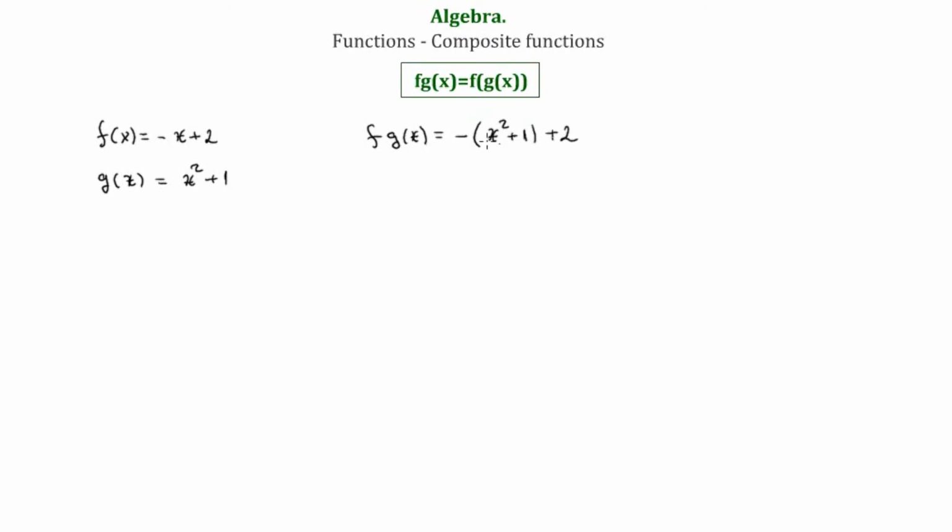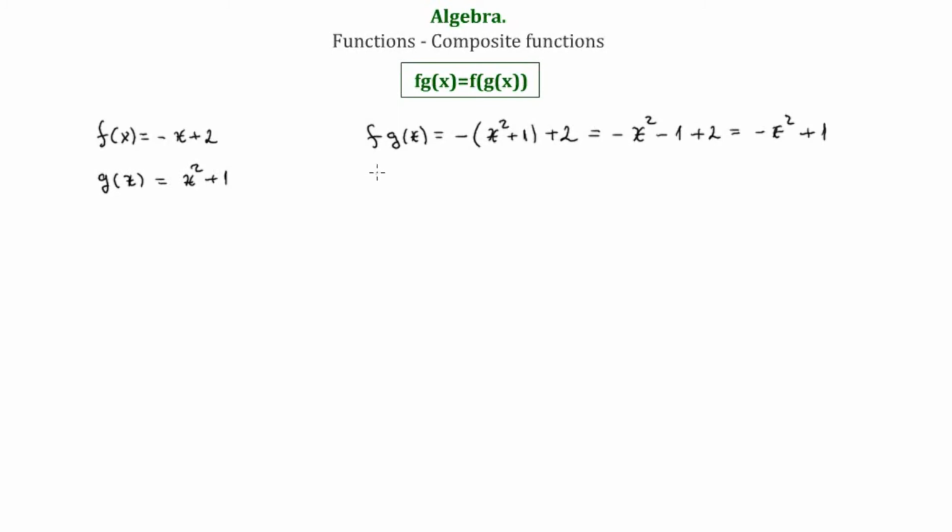What we see again, x squared plus 1 takes the place of x from f of x. We eliminate the brackets, thus having minus x squared, minus before plus 1, which means minus 1, plus 2, is equal to minus x squared plus 1, because minus 1 plus 2 is plus 1. So this is f of g of x.